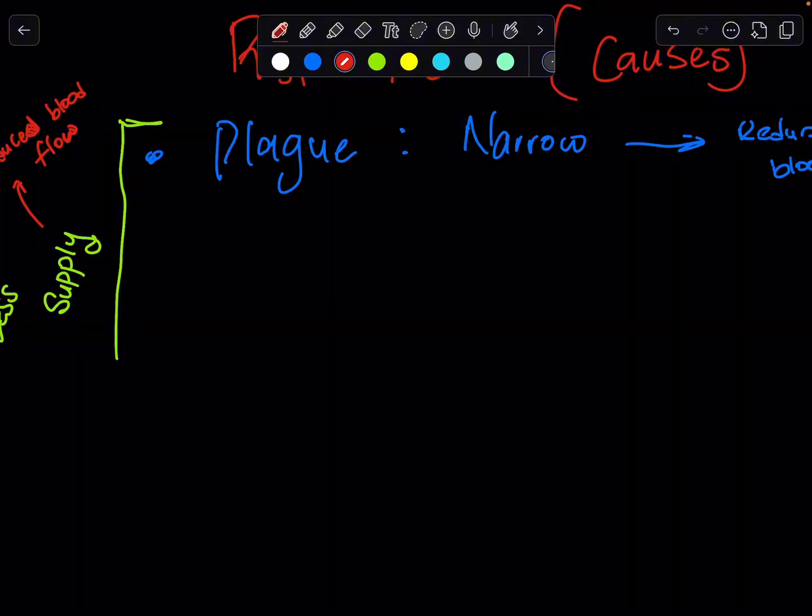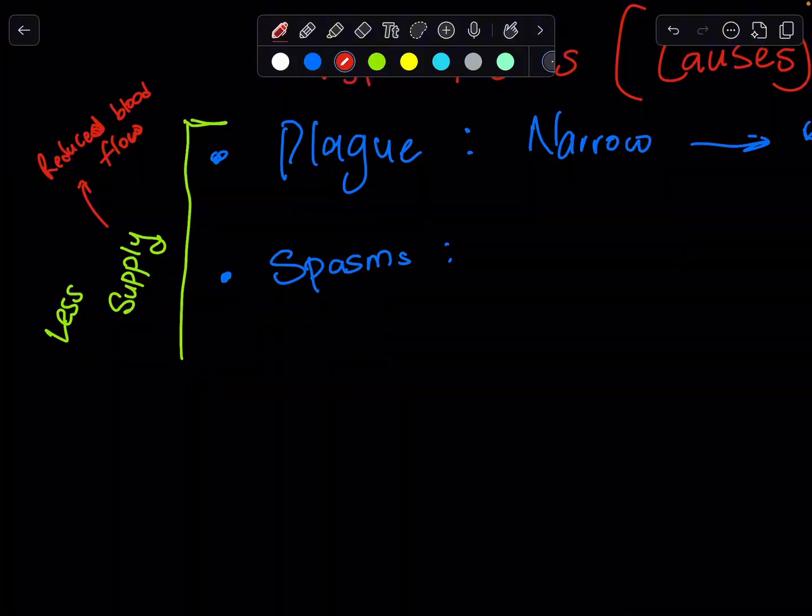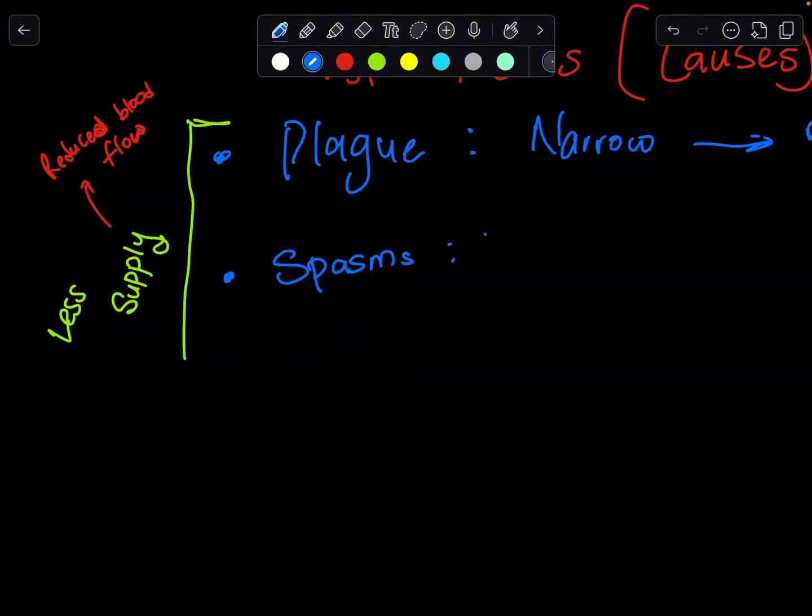Now we're going to talk about the spasm. We already went over the spasm, but I'm just going to add it here as well. So the spasm, we know the spasm causes less blood to the heart. Why? You guys know why, so tell me why.